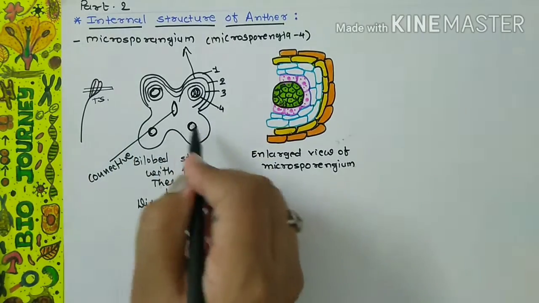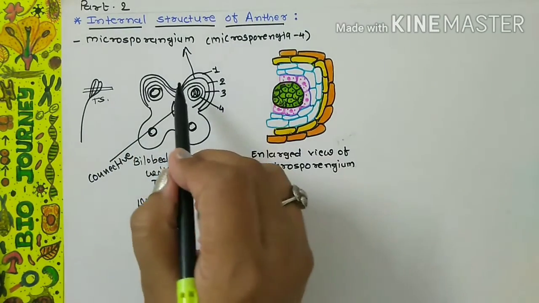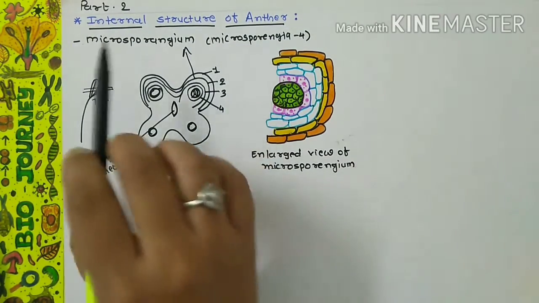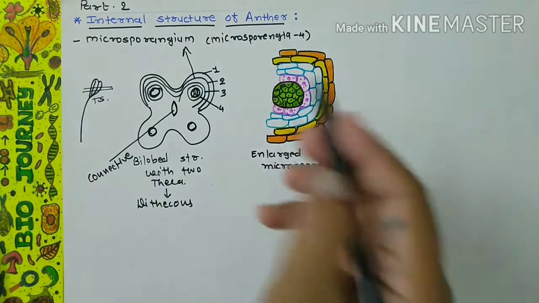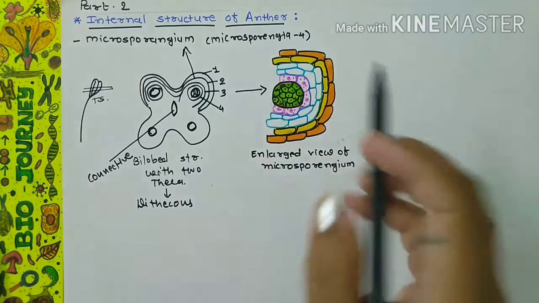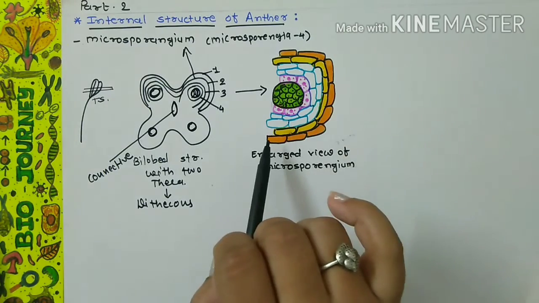Same here also. Now if we enlarge this structure, the microsporangium, we can see these wall layers of the anther.